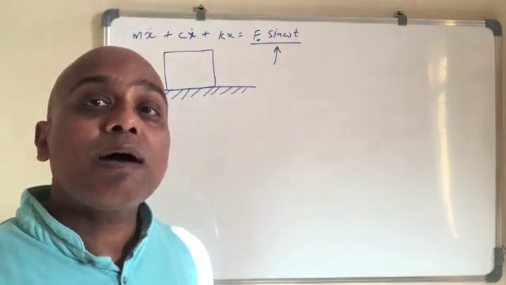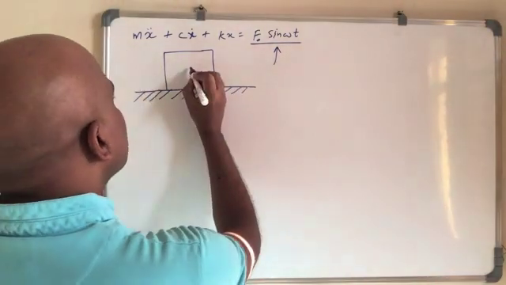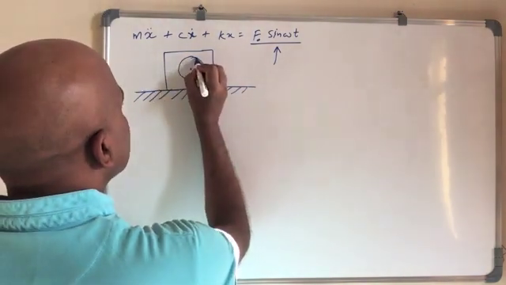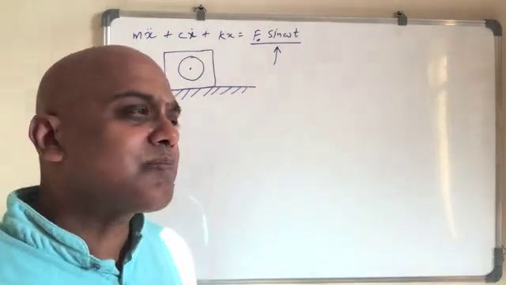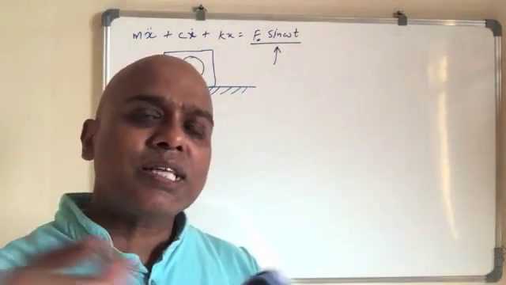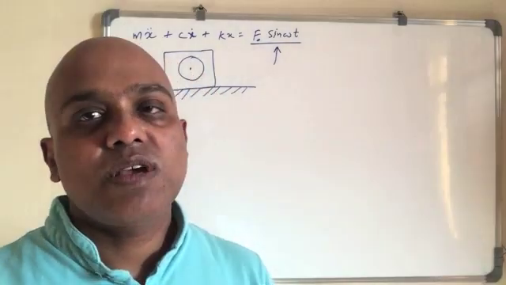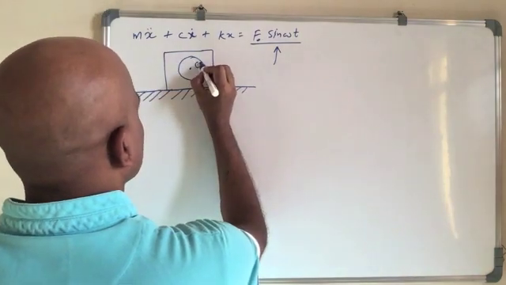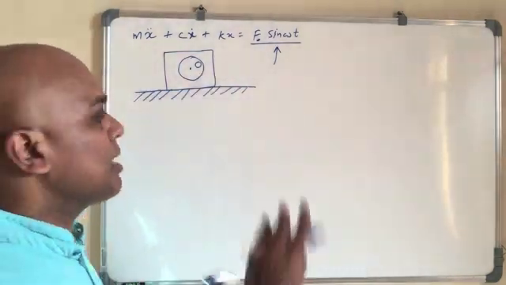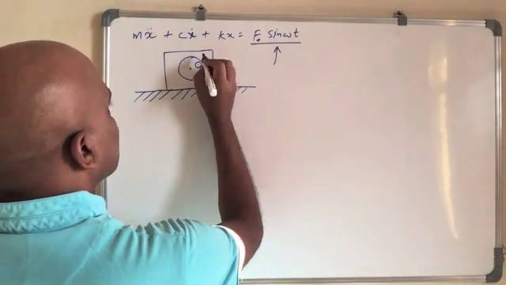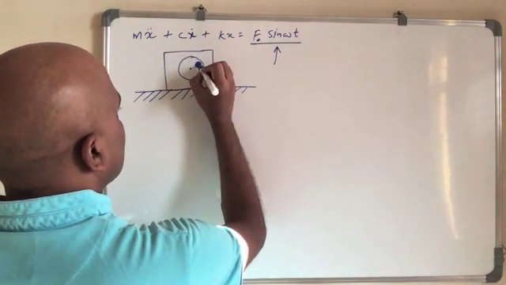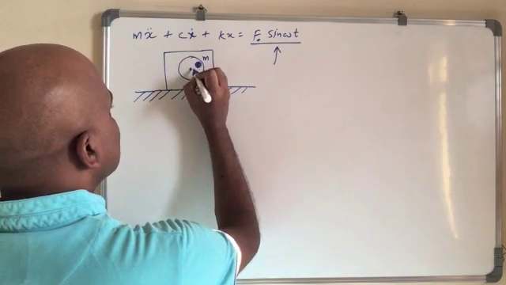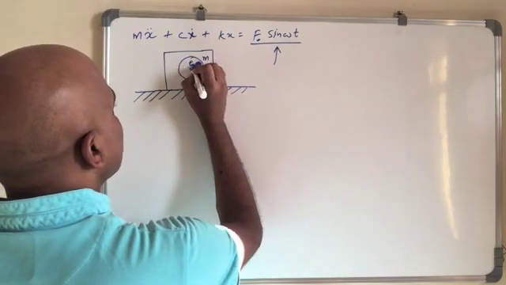Okay, so what kind of unbalance are we talking about? This is a machine, and there is some rotor, and because of all the connections, there may be some hinges which are driving something, and like that there may be some unbalance. Let us say there is an unbalance of a mass m which is rotating about this point, and the distance from here to here is e, the eccentricity e.